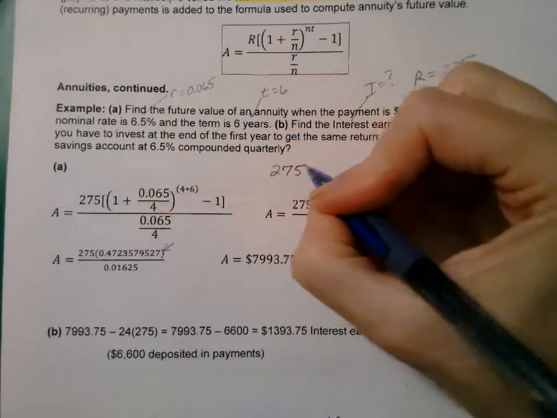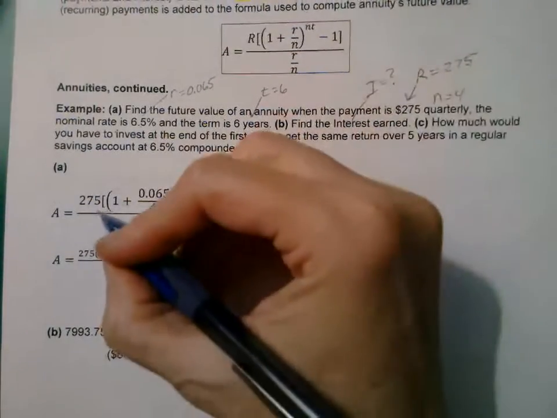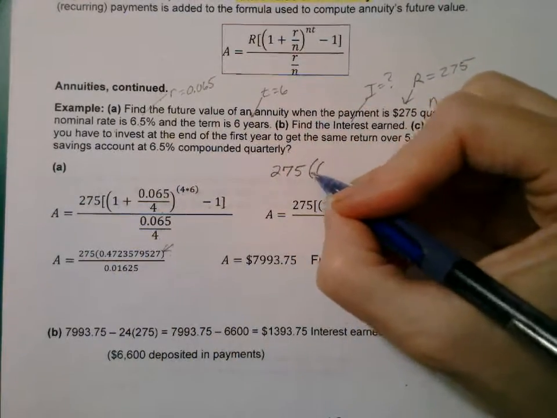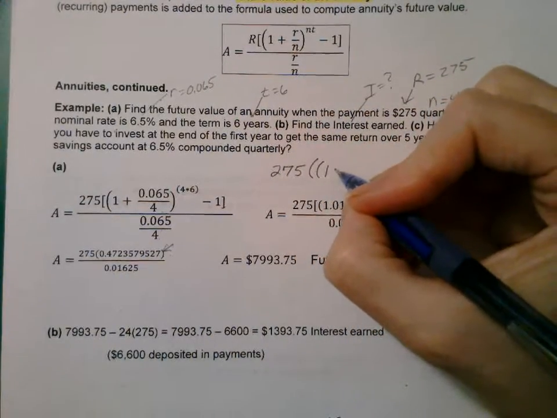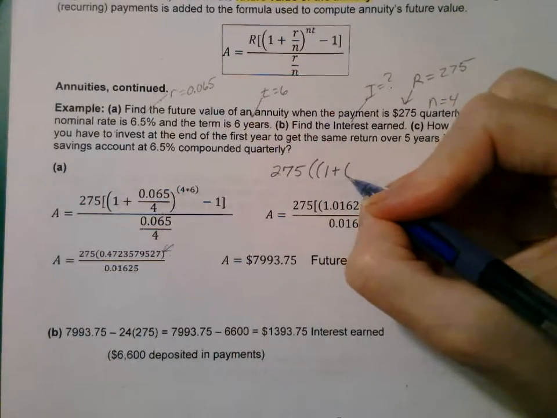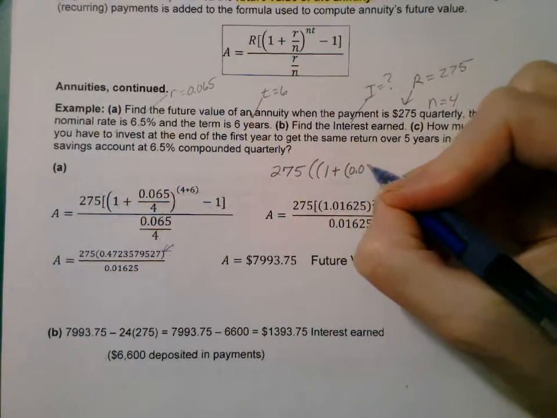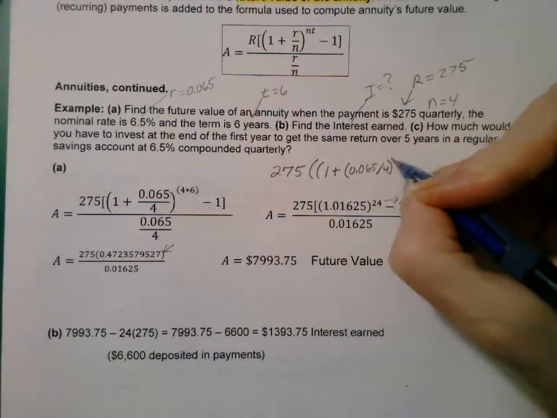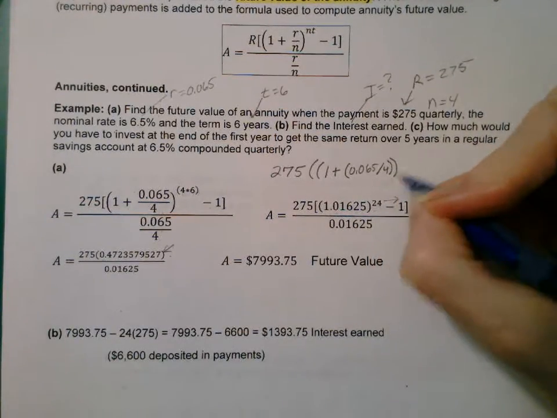Let's see if I can work this out. 275. See these extra brackets here? That's if you're using your calculator. So it's going to look like that. You're going to need another one. Divided by 4. Close that one. Close this one.